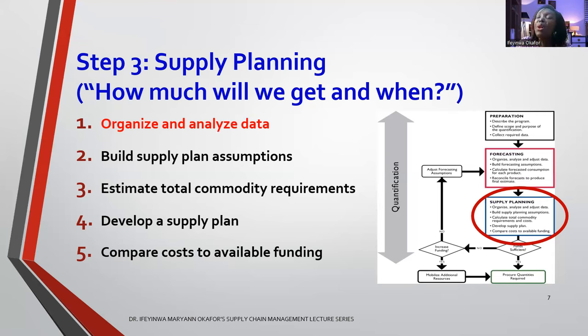And our answer was no. Because during forecasting, there are things we did not take into account. So during supply planning, we are going to look closely at those things and see how they will help us adjust our forecasted quantity so that we arrive at the exact quantity that we need to procure.